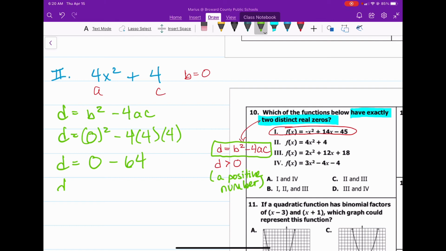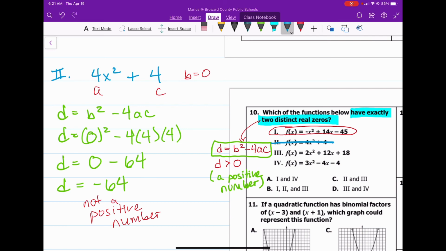Now, 0 minus 64 is equal to negative 64. This is not a positive number. So that means that this does not have two real zeros. So Roman numeral 2 is not one of our answers.